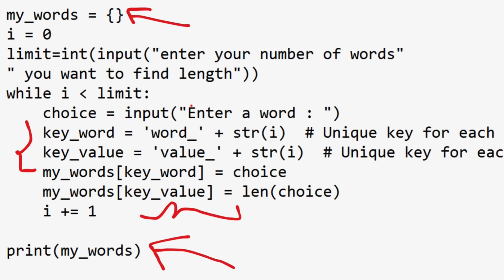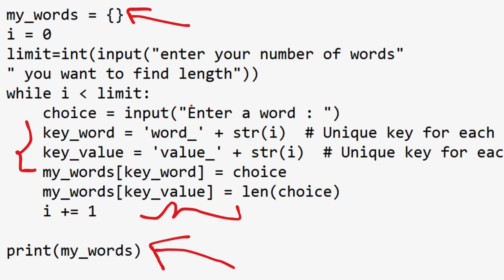Again we create a unique key name for this word goat as well as for its length. So now the keyword will have the value word_1, because the i value is 1, converted to a string and concatenated with 'word_'. Key_value will have the value value_1. Now we add both into the dictionary.